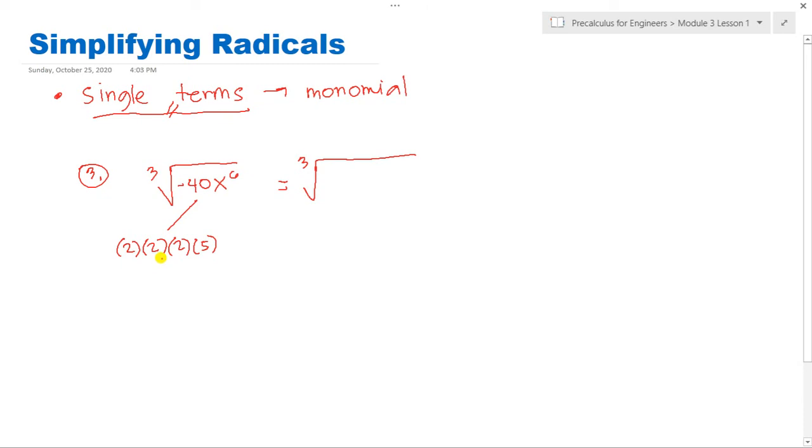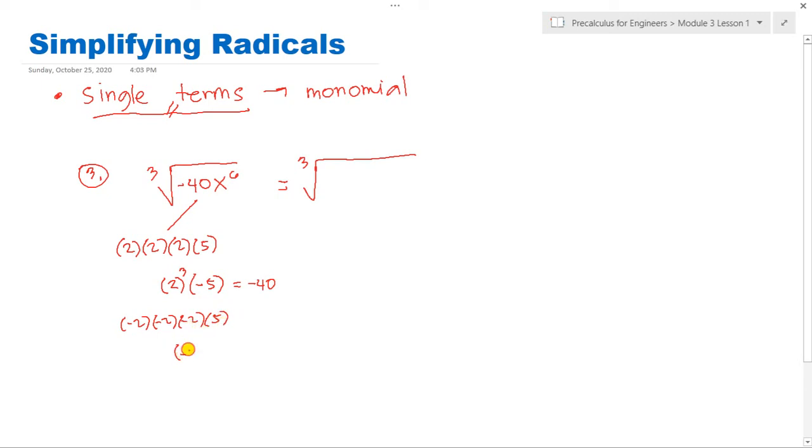Madaming possible answer dito. Kasi you can have this as positive 2 cubed multiplied by negative 5. Kasi the resulting answer would be negative 40. What if we put here negative? Let's say if I'm going to use negative 2 times negative 2 times negative 2 times positive 5, would it still be the same?